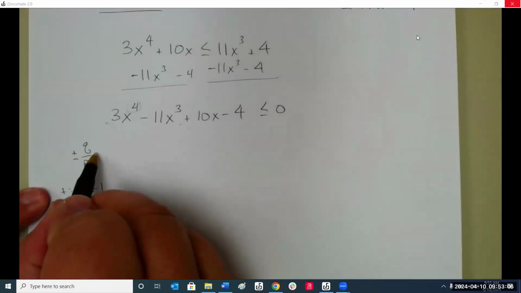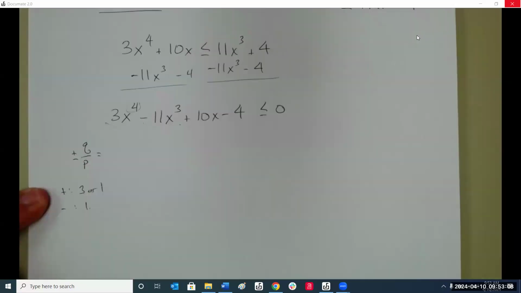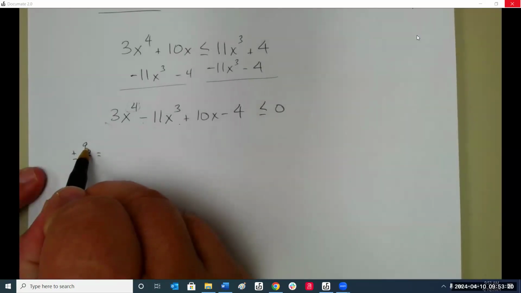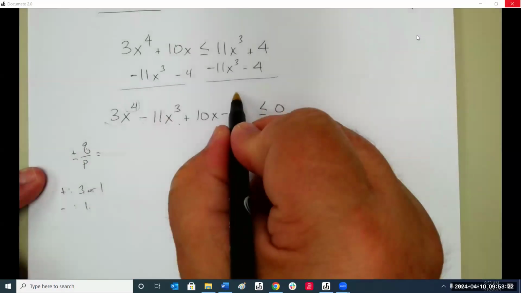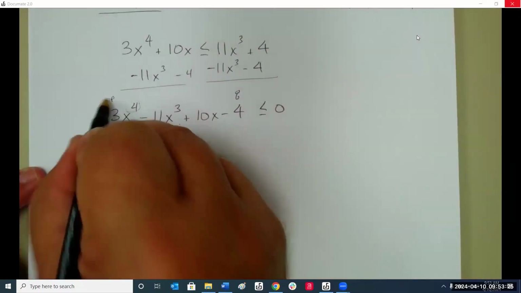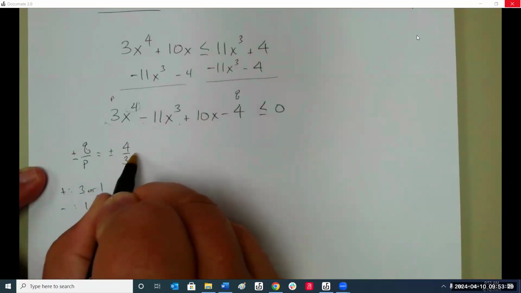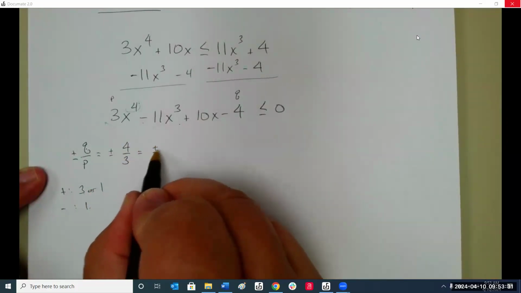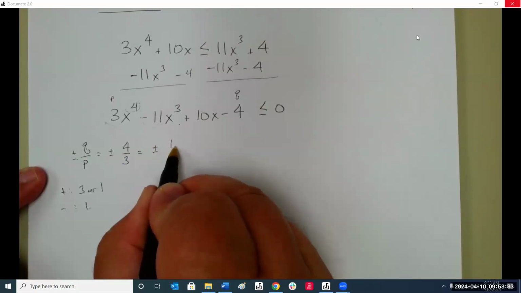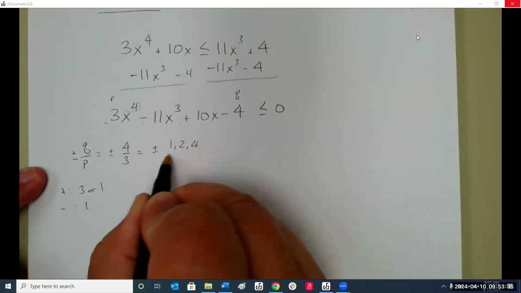How do we do the rational zeros? What does q represent? The constant, and p, which is the top factor. It could be 1, 2, or 4.